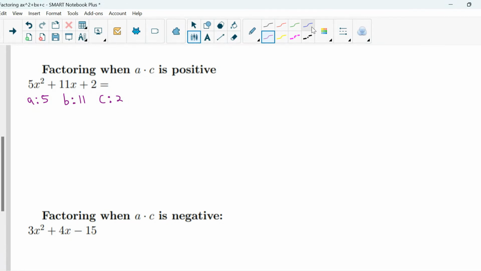So if I was to take A times C, I would get 5 times 2, which is 10. And my B value is 11. So I'm looking for two factors that would multiply to 10 and would add to 11.